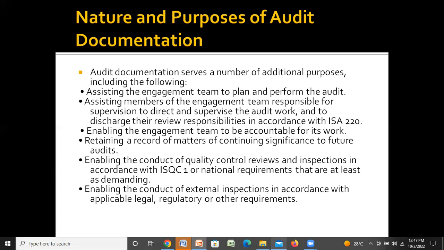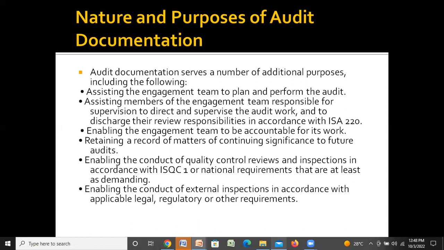So maybe you will need auditors' experts, the kind of resources you will need. So documentation of the business processes and documentation of audit objectives can actually help you with audit planning.